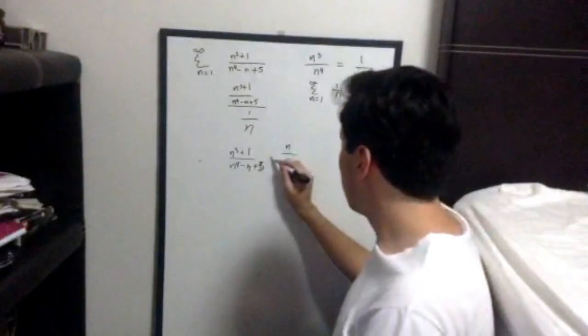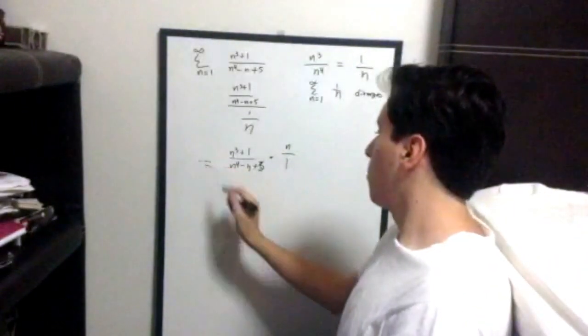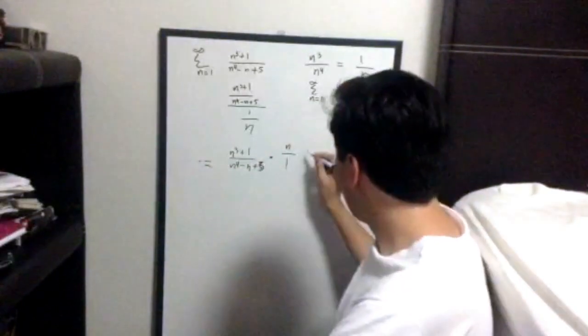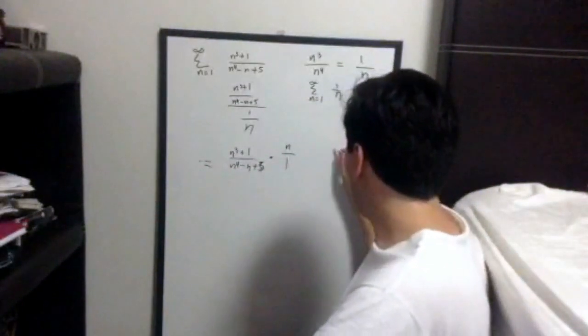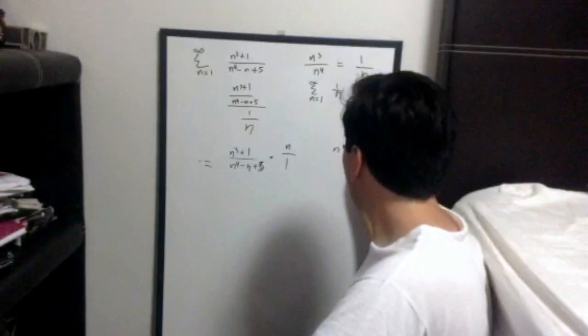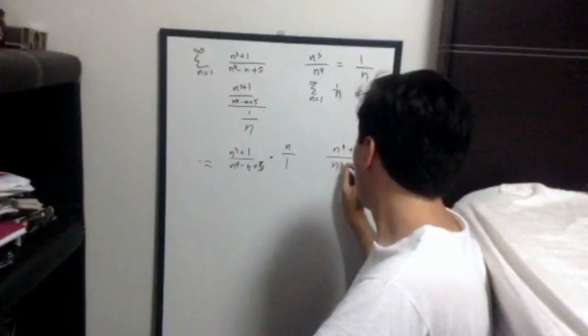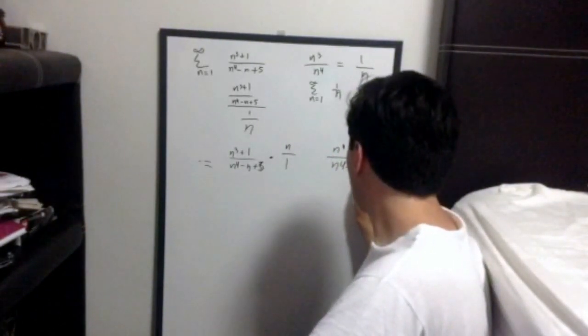So we have this. Now we apply the multiplication. We'll have this.